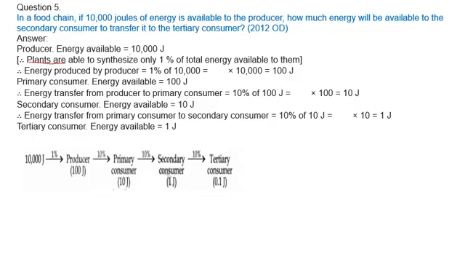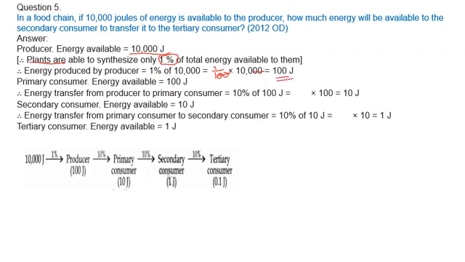Energy available is 10,000 joule. Plants are able to synthesize only 1% of the total energy available to them. So energy produced by the producer will be 1 upon 100 of 10,000.